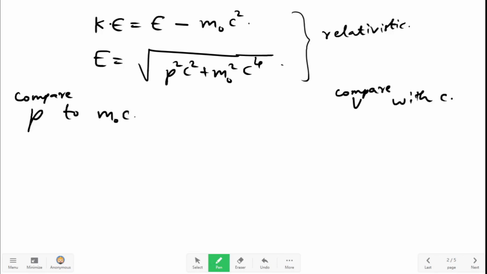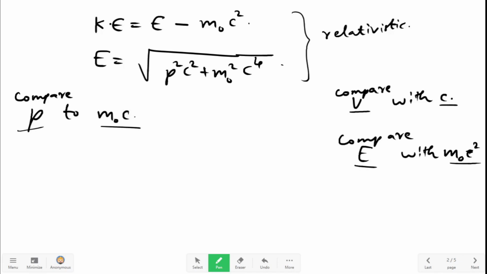If you are given energy, then compare E with m naught c square. To decide if the case is non-relativistic or relativistic, if you are given momentum, you should compare it with m naught c. If you are given velocity, you should compare it with c. c is speed of light. If you are given energy, you have to compare it with m naught c square.